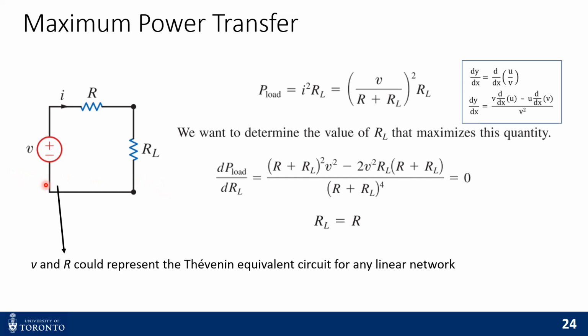Now, how much power can a load draw from the circuit? Basically, we want to find out the maximum power that can be transferred to this load resistance by the entire circuit that it is connected to. The mathematical derivation is given here.